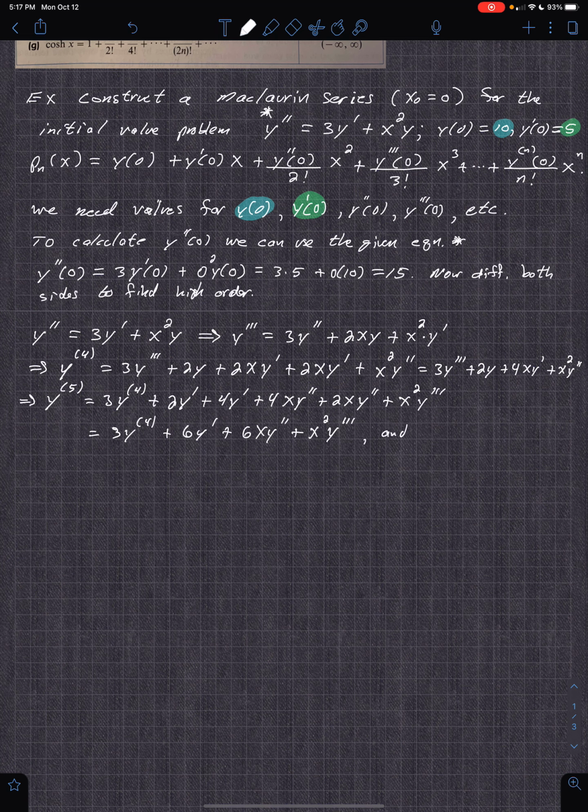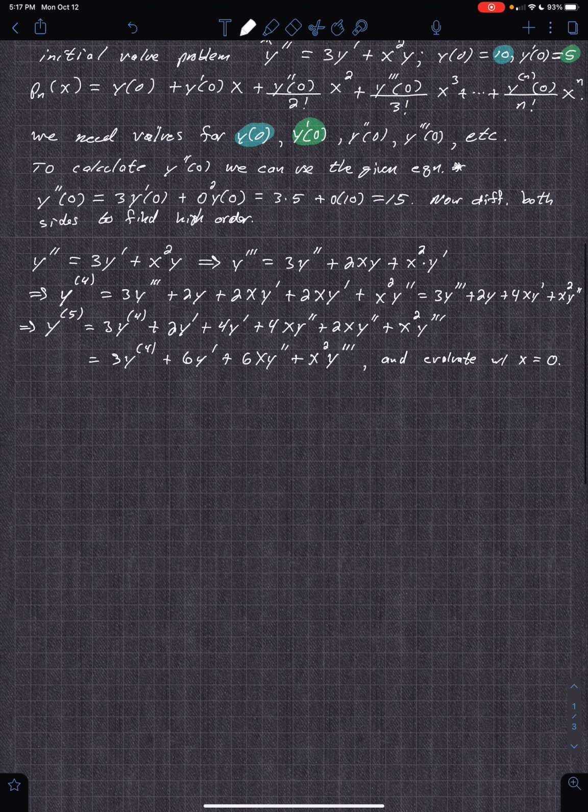Okay, so now evaluate with x equal to 0. So we have to do that calculation. So you get y triple prime of 0 is 3 times 15, and the rest are zeros, so you get 45.